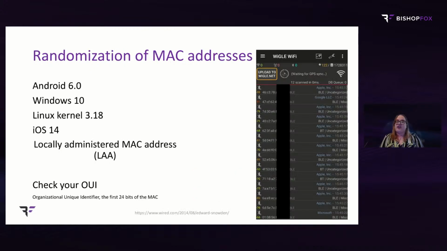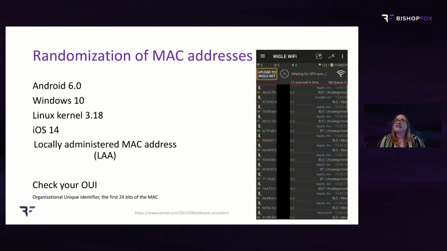So we're going to talk about a few of the things that you can do now. And one of these is automatic, which is the randomization of MAC addresses. Specifically for Bluetooth, this is a concern. You want your MAC address to be randomly rotated so that it's not easily tracked or found, except in tracking purposes, again, specifically like Tiles and AirTags. These happen automatically depending on what operating system you're using.